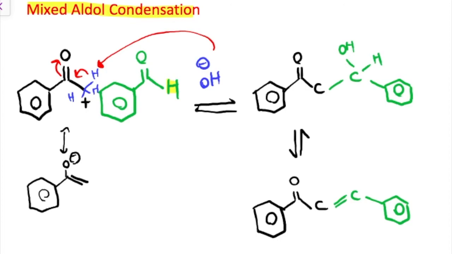Then in the second step, the enolate is going to attack the electrophilic center right here, and this gives us this intermediate right here. I skipped the protonation step, so I drew the O minus as OH, so just remember that this gets protonated, and then we can proceed to the condensation step. So this is the condensation, and this gives us the alpha beta unsaturated product.